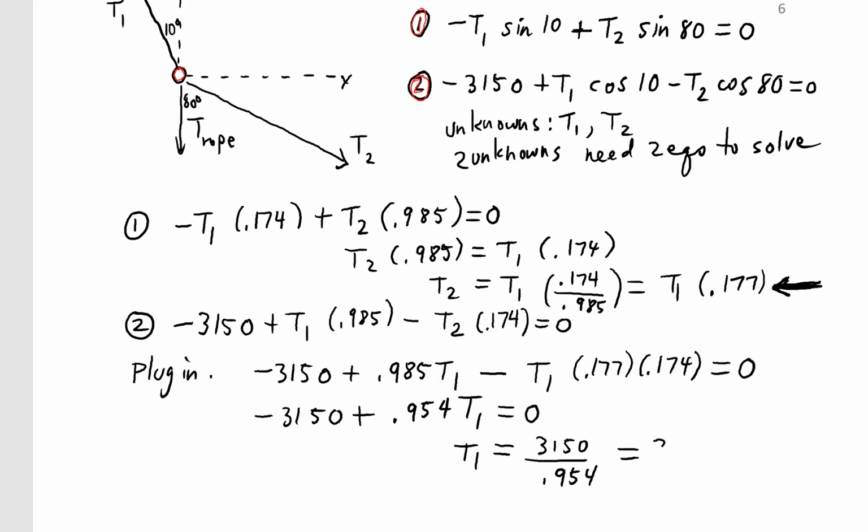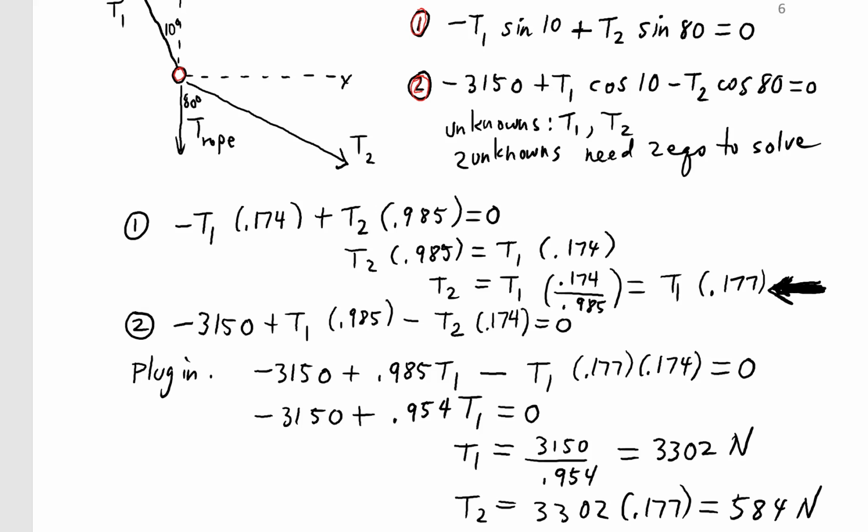And you will get this number, which slightly differs from the Mathematica result because of round-off error. Okay, so once you have T1, you can then plug it back into this expression with the big arrow on it, and you will get T2 equals, and you just plug it all in, 3302 times 0.177 equals 584. So that's how I do it. That's it. Thank you.